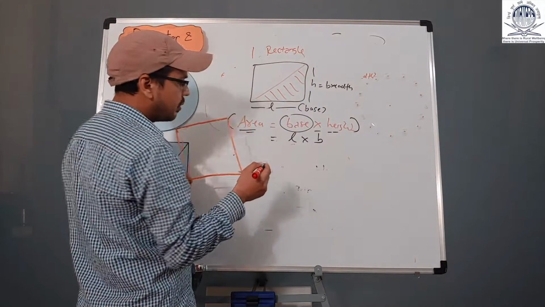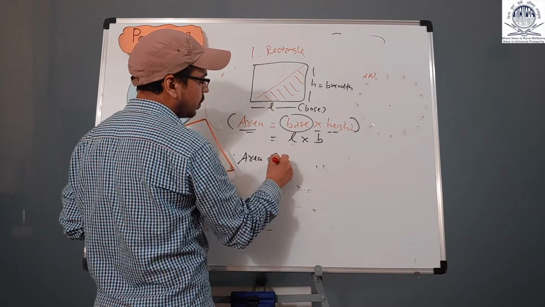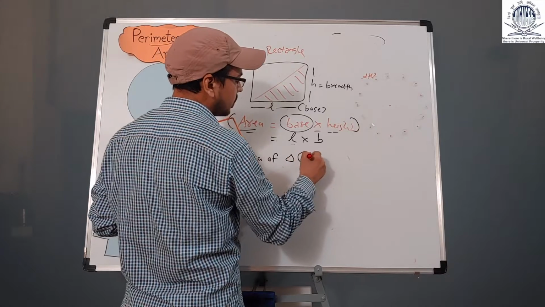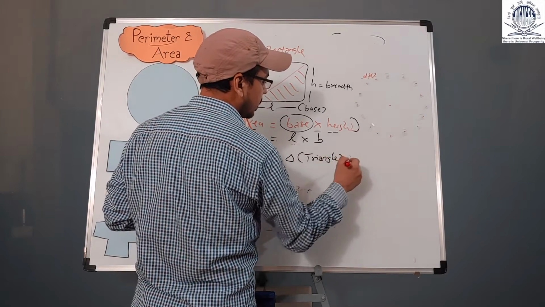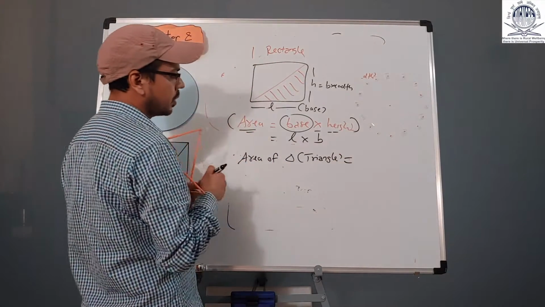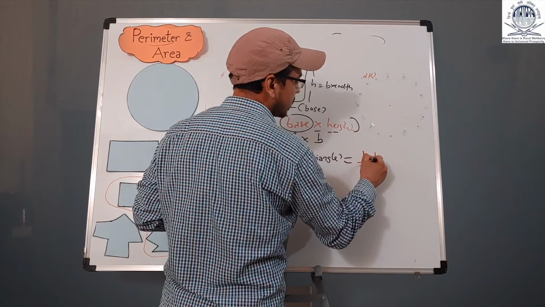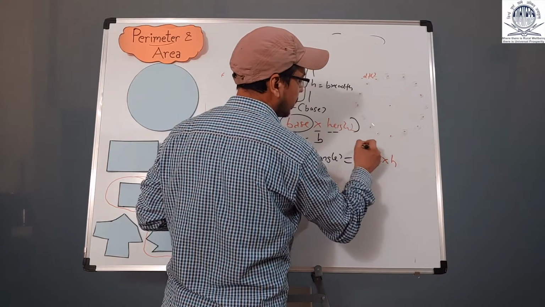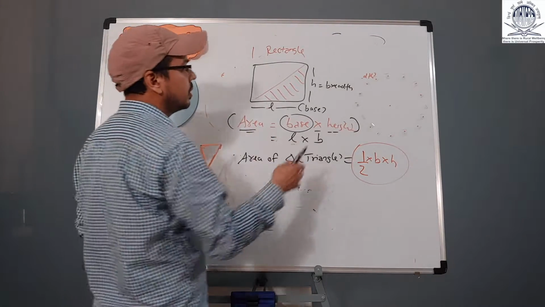So what we can derive from it is that the area of a triangle is nothing but equal to half of base multiplied by height. And this essentially will work for any triangle.